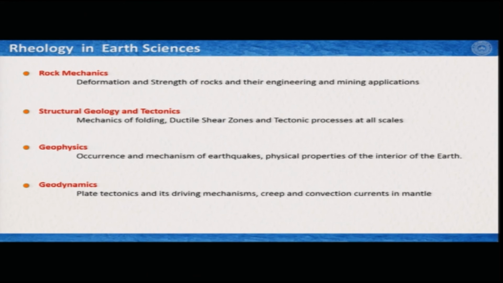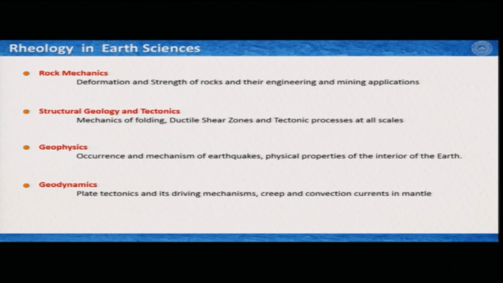We consider rheology heavily when we try to understand the processes of solid earth geophysics, like mechanism of earthquakes, physical properties of the interior of the earth, and so on, and of course geodynamics uses the applications of rheology heavily.